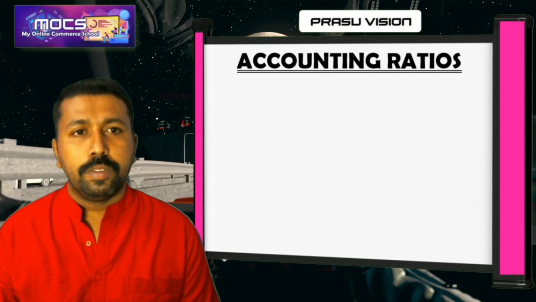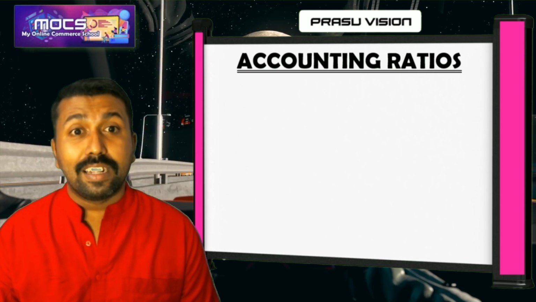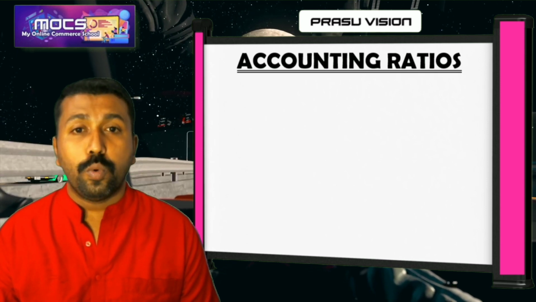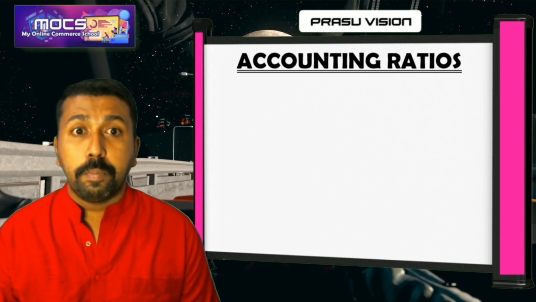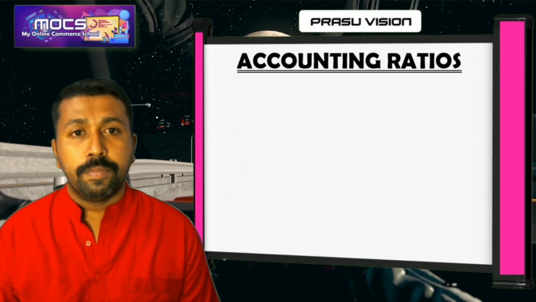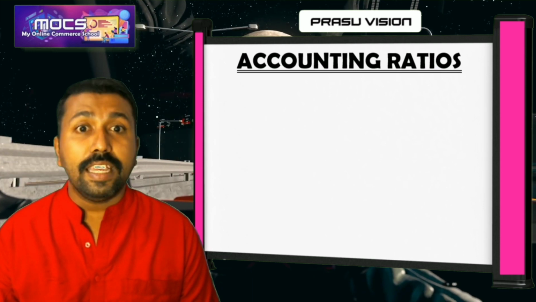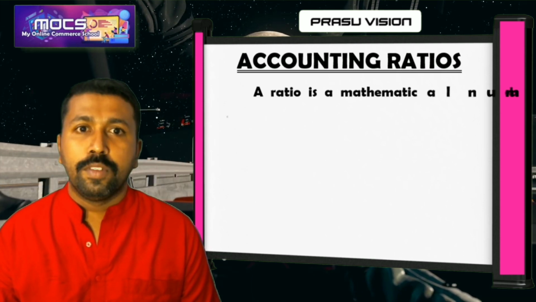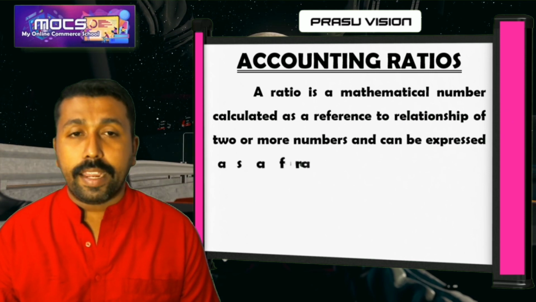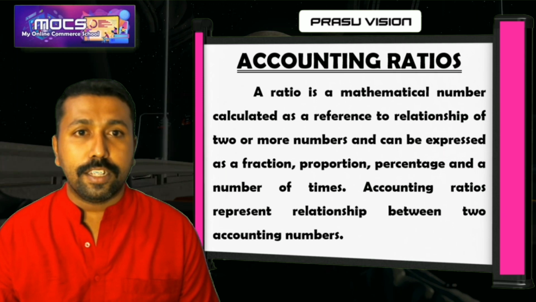Accounting ratio. You know very well, ratio shows the arithmetical relationship between two values, two mathematical figures. Accounting ratio shows the relationship between different items in the financial statement. So every time keep in mind the meaning of the term, what is ratio and accounting ratio.